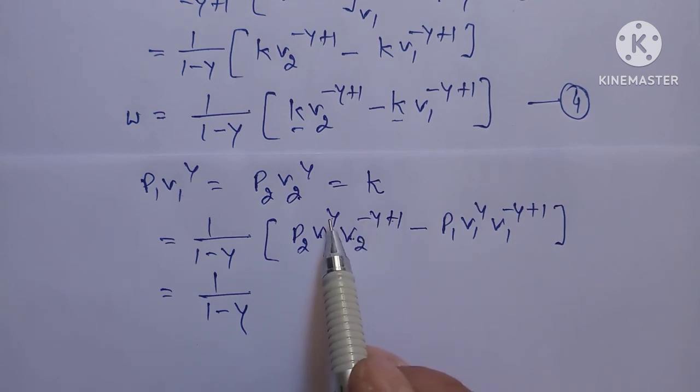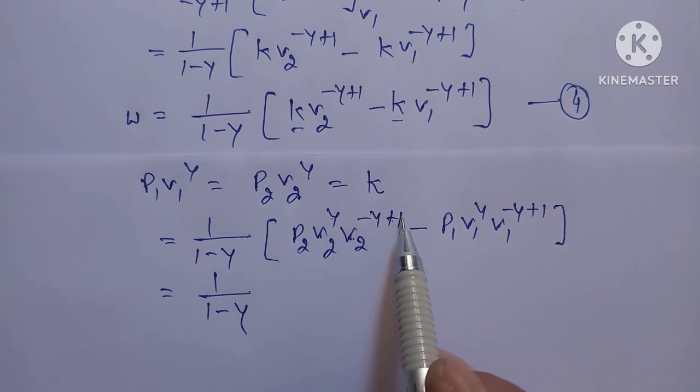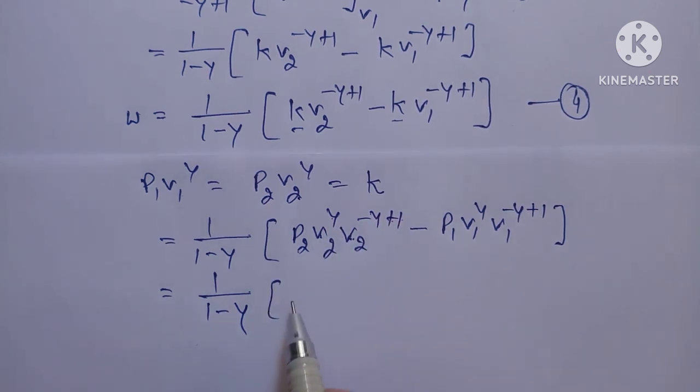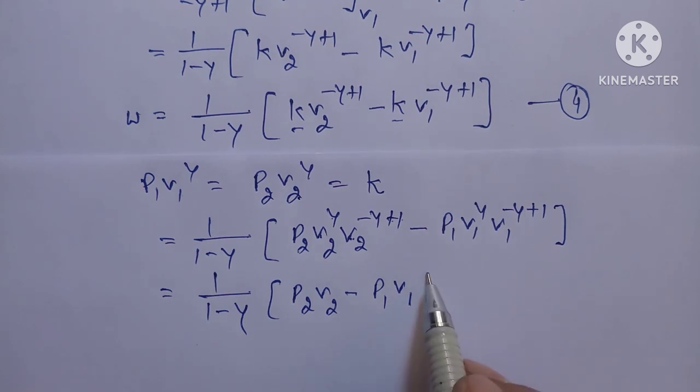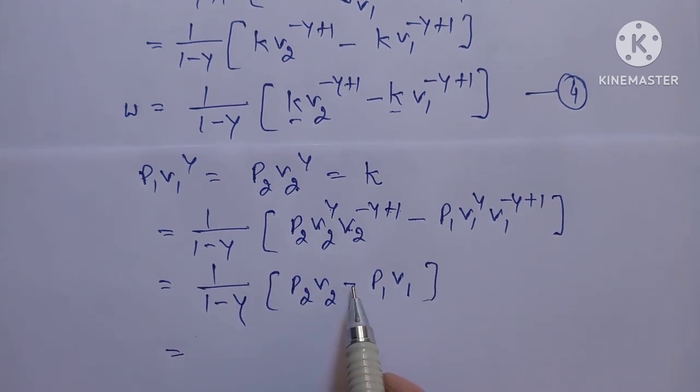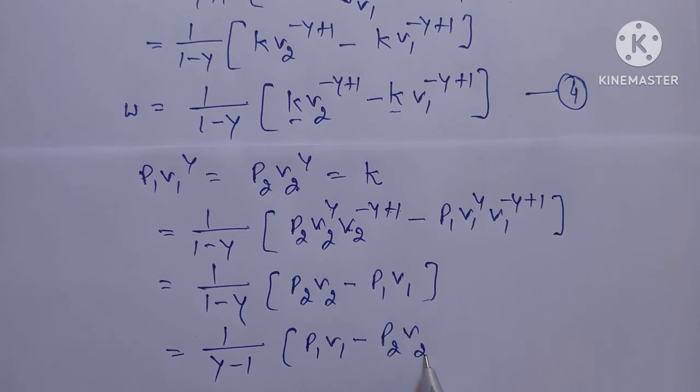When we solve this, gamma cancels with gamma, and we are left with 1. So this becomes P2 V2 and here P1 V1. If we take a minus outside, then we get 1 over (gamma minus 1) times (P1 V1 minus P2 V2). This is equation number 5.